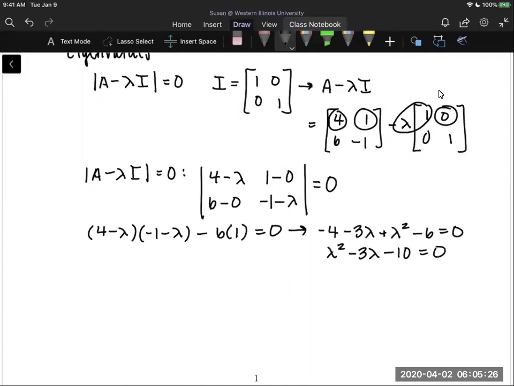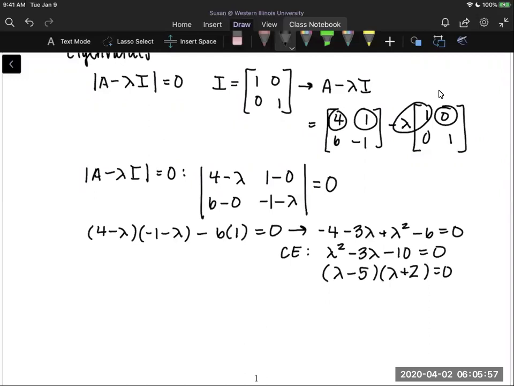This is our characteristic equation, so maybe I'll note that here with the CE. Now we want to solve for the lambda values that satisfy this equation. At this point, this is about where we would get to in chapter 3, except instead of lambdas, we would have r's. So now we want to solve. This is going to factor, I believe, yes: lambda minus 5, lambda plus 2.